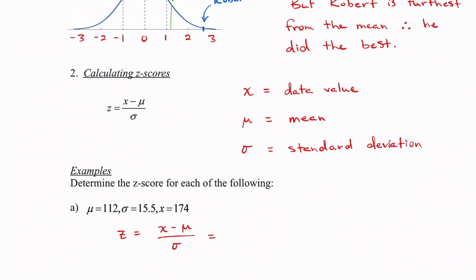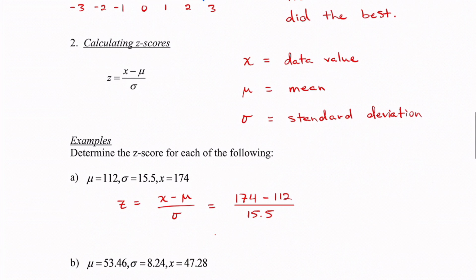So filling that in, x is 174 minus mu, that was 112, and then take that and divide by our standard deviation, which was 15.5. So make sure you always subtract these two in the numerator there first. So when I subtract those, that's going to give me 62 divided by 15.5. And when I divide that, I'm going to get 4.